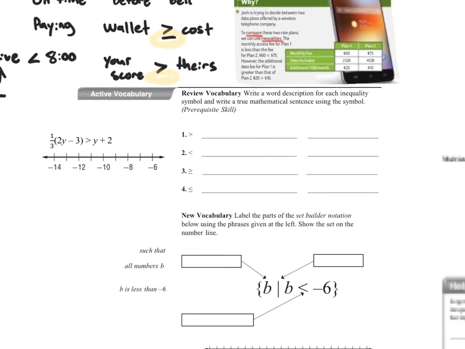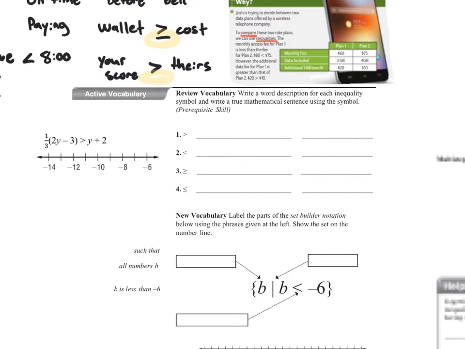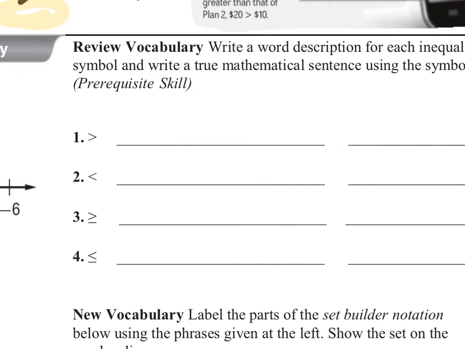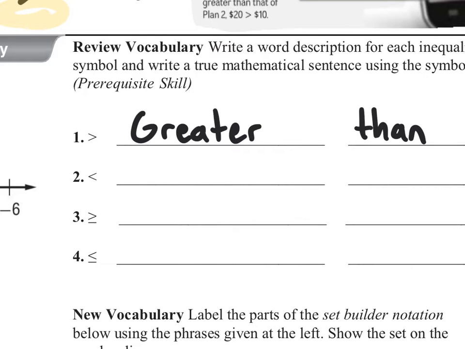So let's talk about some of the vocabulary that goes into this. These symbols, so this one that is open to the left is called greater than. This one is less than. Now, it helps to have this terminology instead of just saying an alligator's mouth opening left or the inequality opening right.